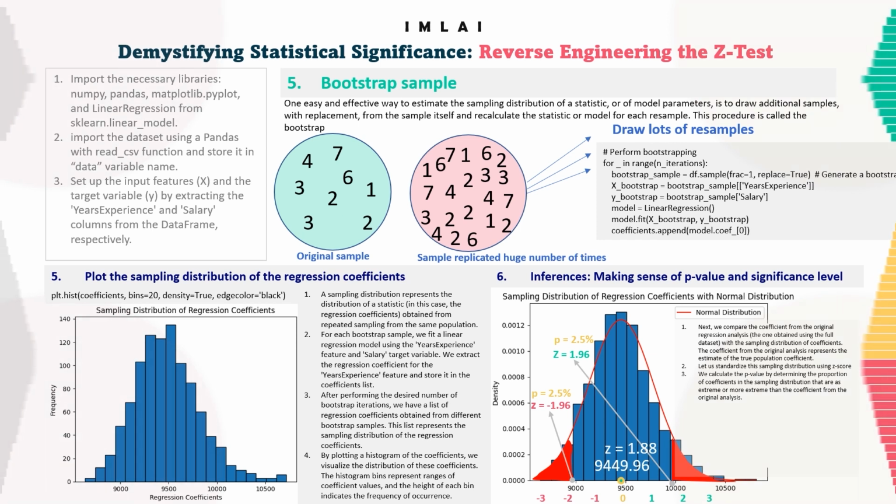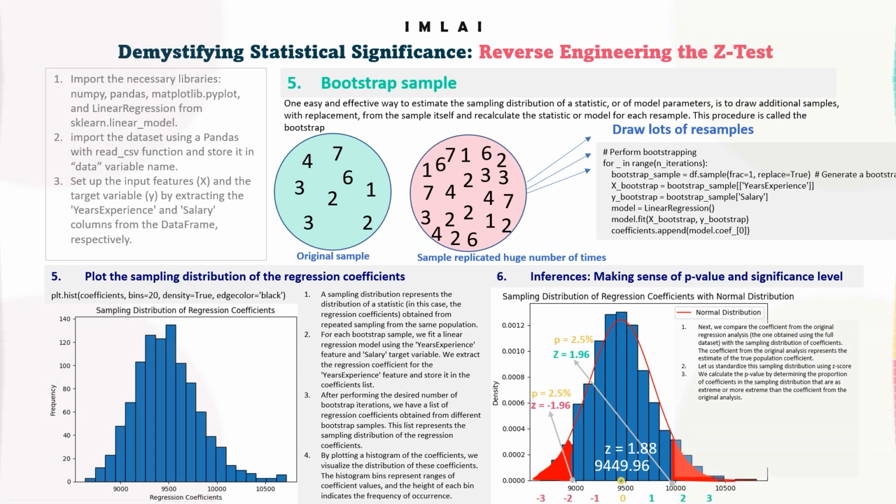So what we are saying is most of the regression coefficients are falling in between. Very few are falling outside. That is the reason we consider these two tails, 2.5% and 2.5%, as a rejection area.